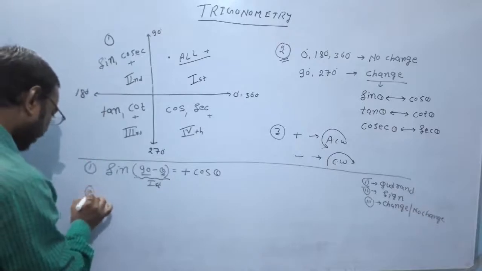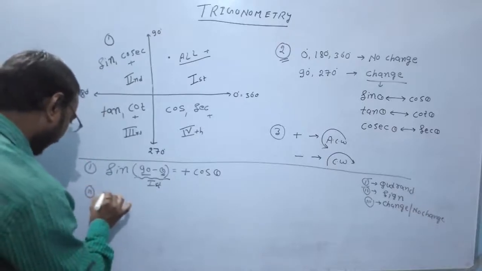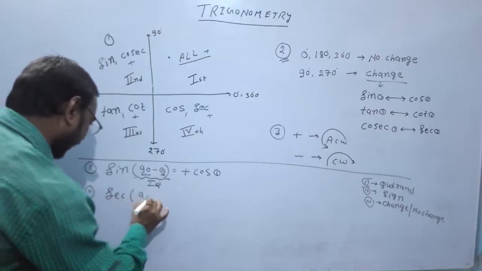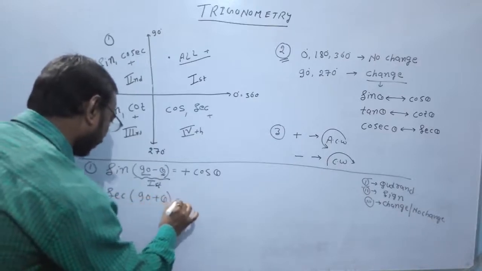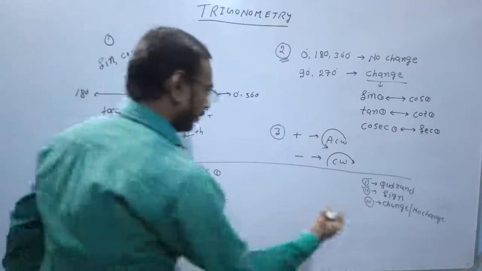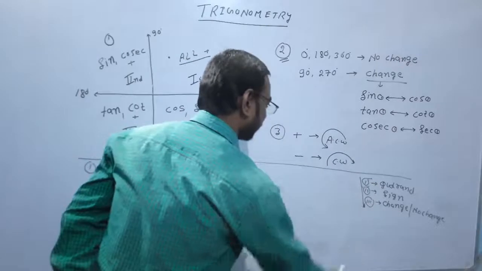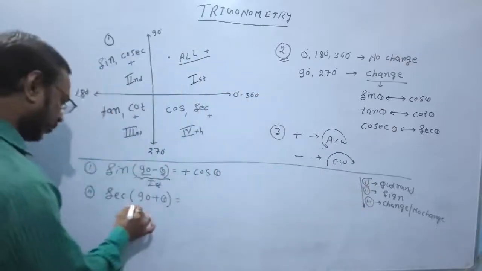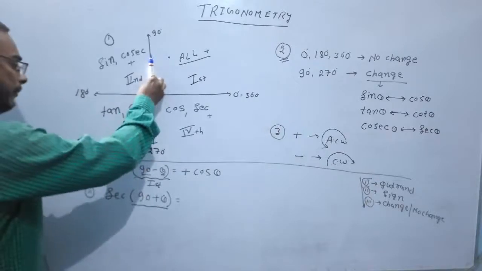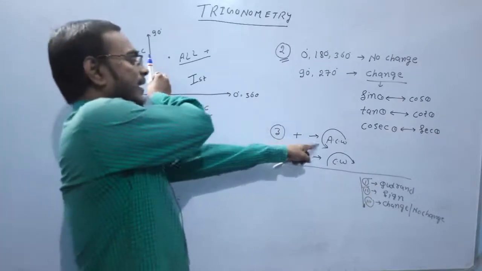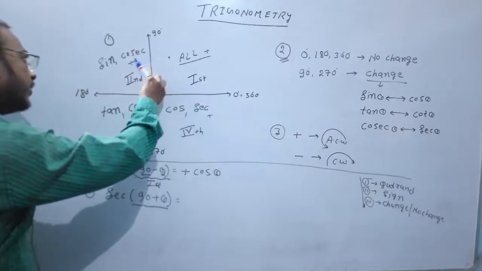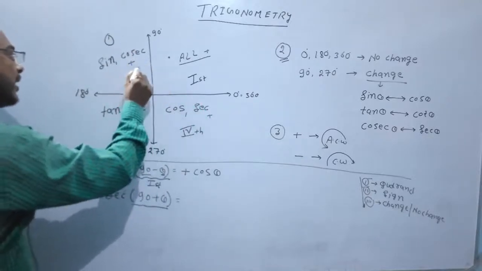Let's take another example. What is the value of sec 90 plus theta? Okay, so again repeat these steps. First decide the quadrant. So 90 plus, we take 90 and plus means anti-clockwise direction movement. So with 90 and anti-clockwise movement we reach the second quadrant.